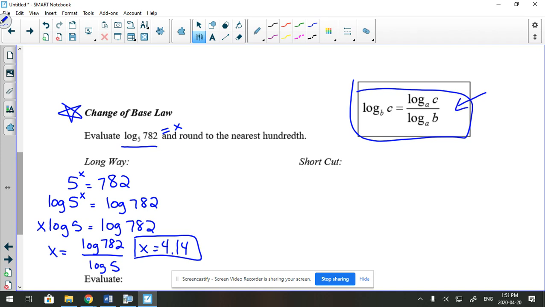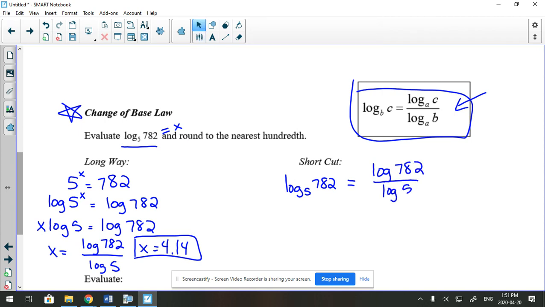What we can do is, if we're trying to find a log that's not base 10, if it's base 10, you can just punch it right into your calculator and figure it out. But let's say I want to find log base 5 of 782. It will always equal log 782 over log 5. So the log of this number here divided by the log of this number here.